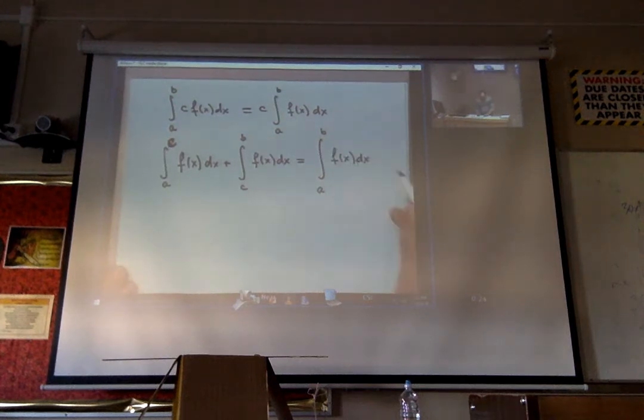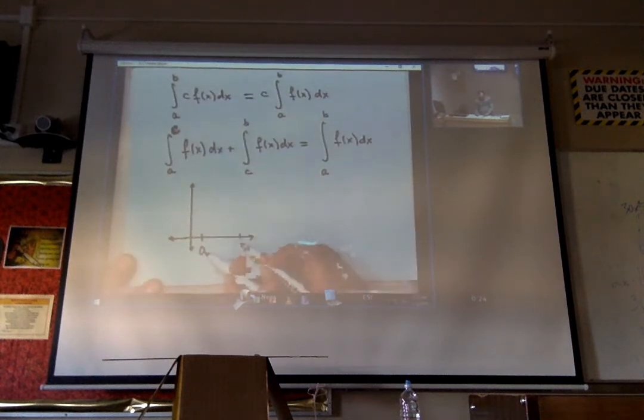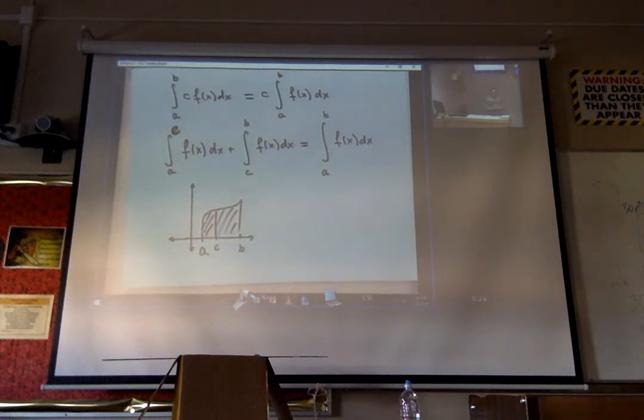Now, if you look at the sketch, just to understand how it looks in the picture, let's say we have A, let's say we have B, and then we have some graph like this. If we have C somewhere over here, we can have two pieces, and if we combine them, we have one, right?